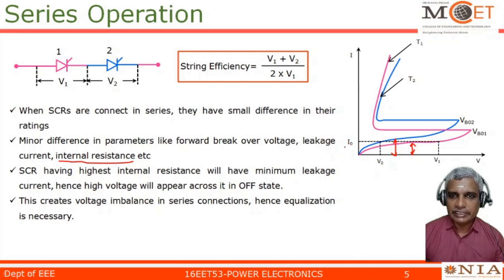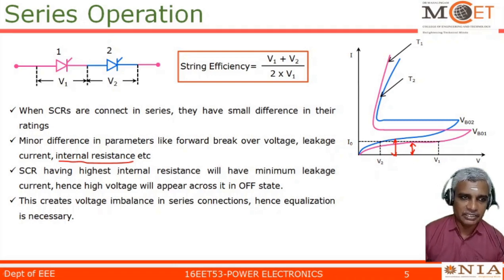Even though the internal resistances may be equal, the voltage withstanding capability of the device may differ. For example, for the same load current, SCR1 is capable of handling a voltage of V1, whereas SCR2 is capable of handling a voltage of V2. So the voltage withstanding capability of the devices differs because of minor differences in all these parameters.